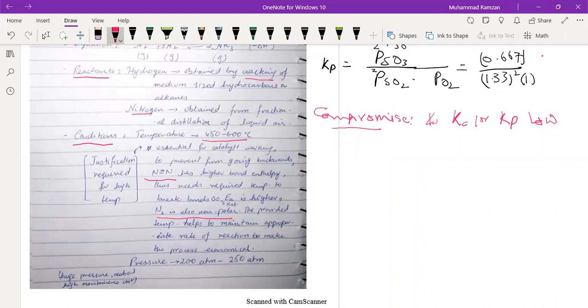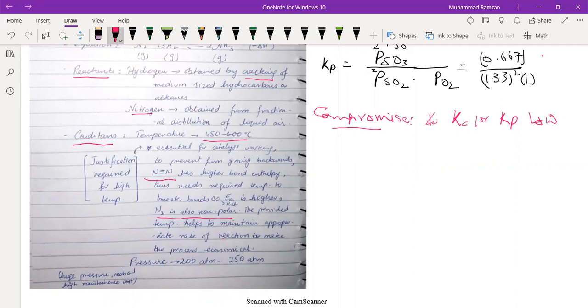The value is low, it means it gives the indication that the product formed at dynamic equilibrium would be less, because Kc or Kp is the ratio of product concentration, or pressure in terms of Kp, over reactants.